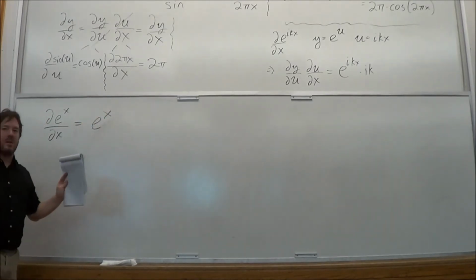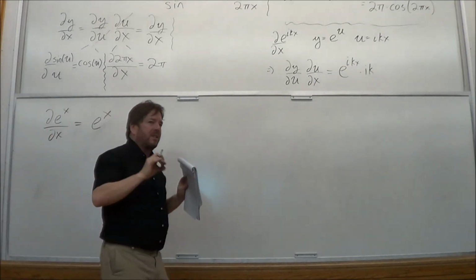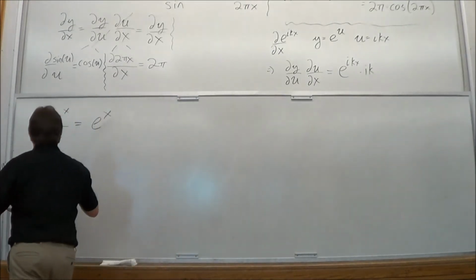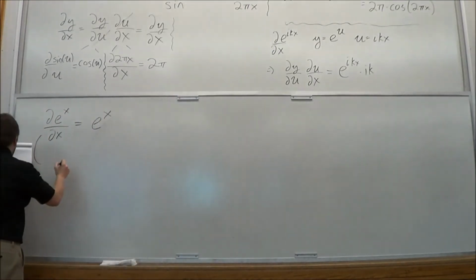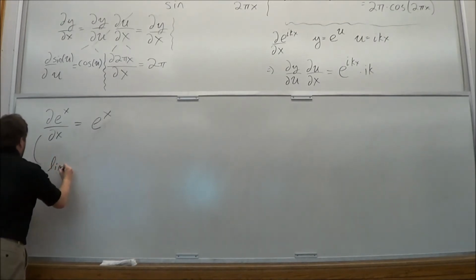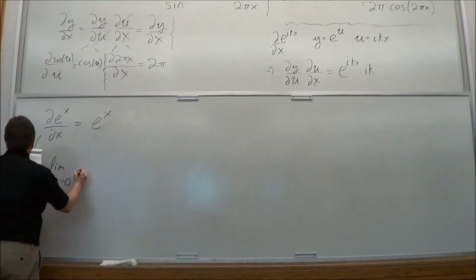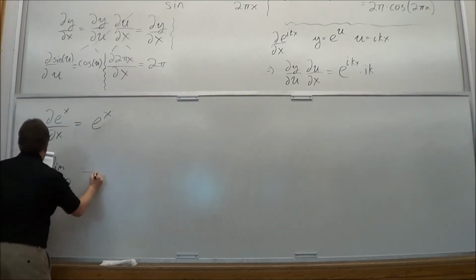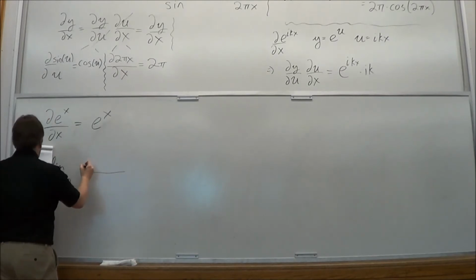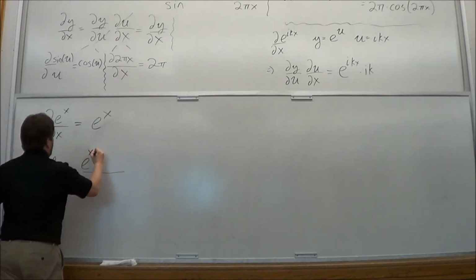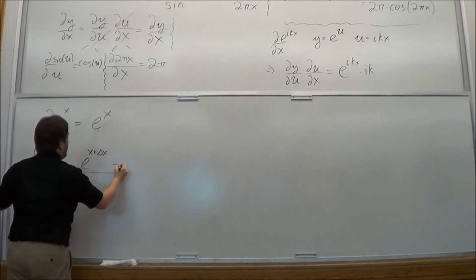To reinforce the definition of a derivative, let's look at this as a limit of some change, some displacement in the function as it goes to 0. The limit of e to the x plus delta x minus e to the x.